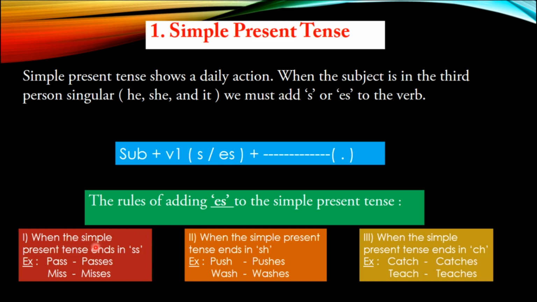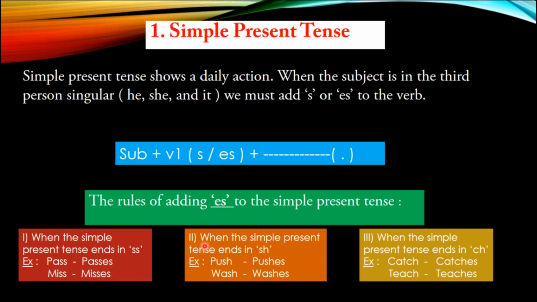When the simple present tense verb ends in ss, for example, pass, miss, then we must add es to these verbs. Pass, passes. Miss, misses.